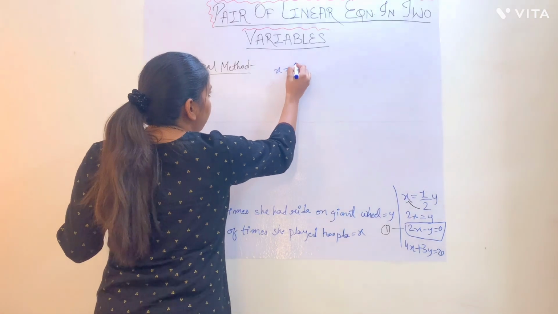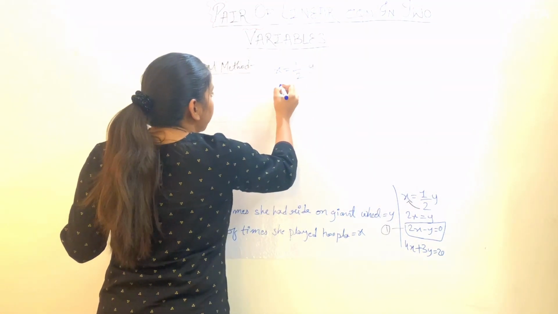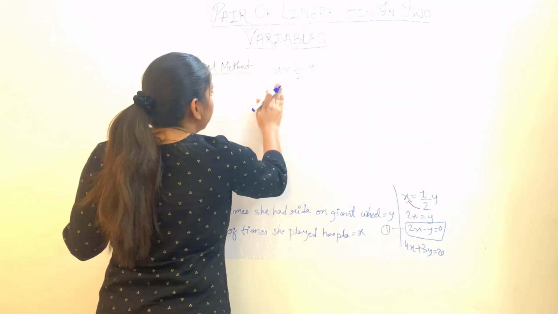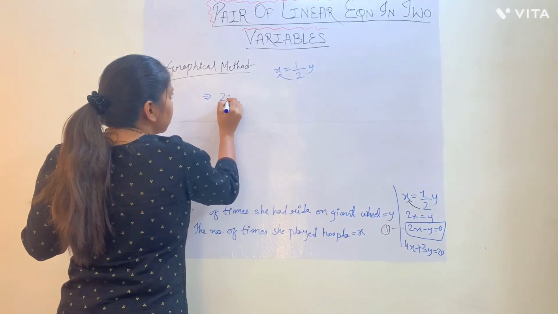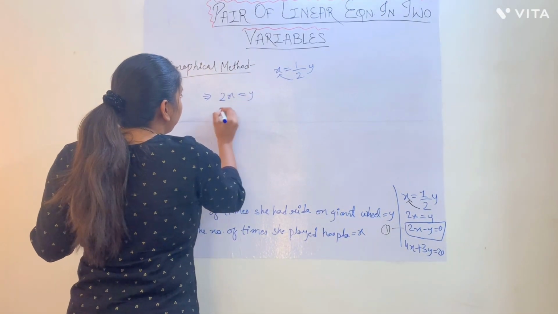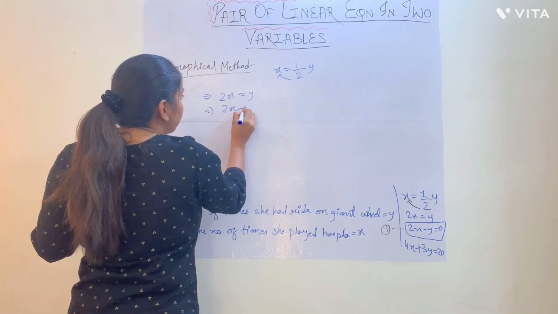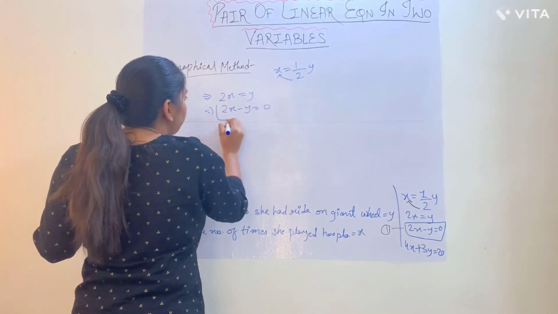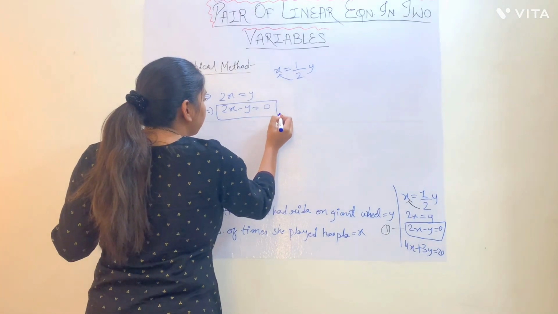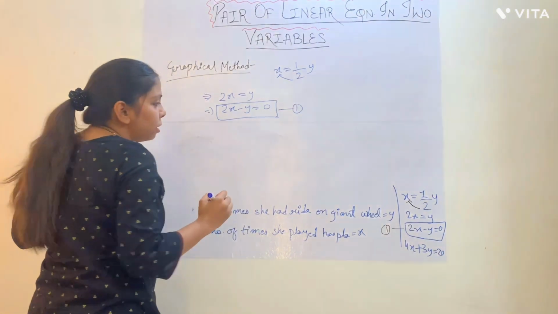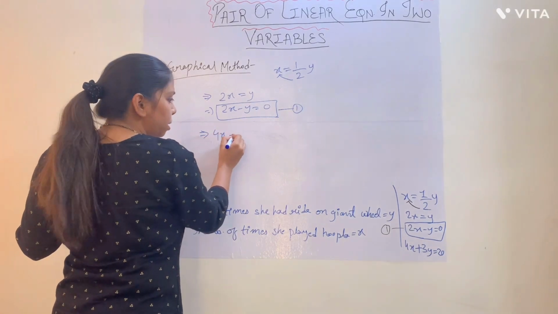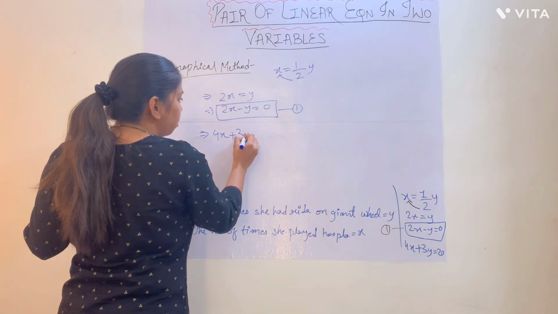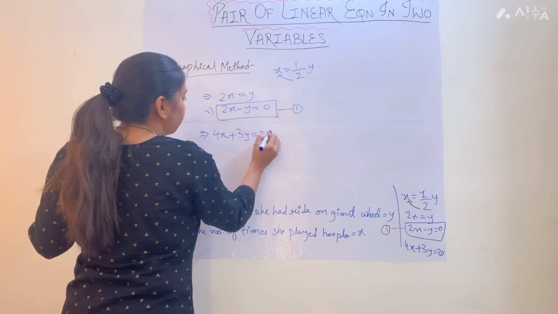x is equal to half y, that is 2x is equal to y, so 2x minus y is equal to 0. This is our first equation. And the second equation is 4x plus 3y is equal to 20.